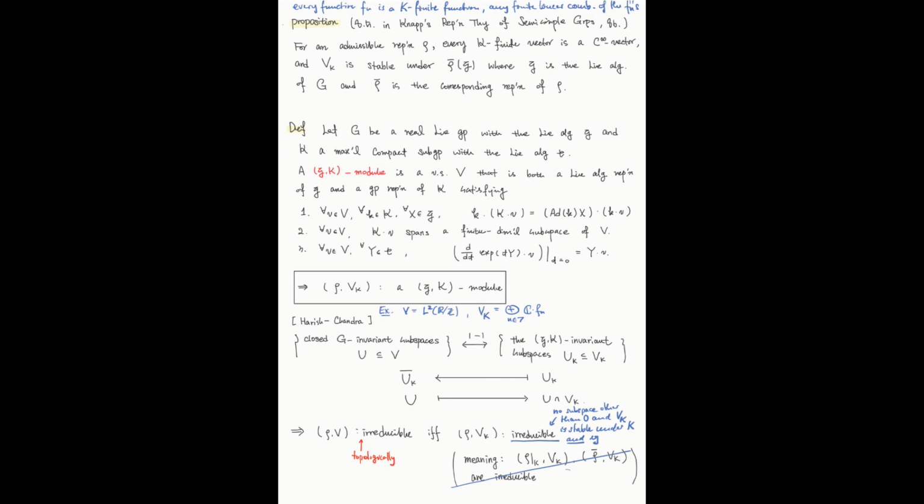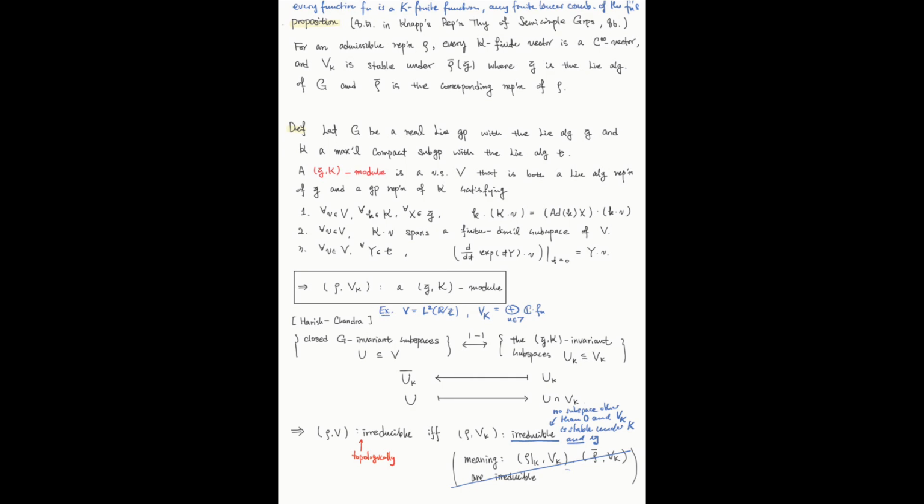But if one just says a representation is irreducible if the only G invariant subspaces are the zero space and the whole space, then it is not true that this representation would be. In this case anyway, typically all interesting topologically irreducible representations are not irreducible in the purely algebraic sense.